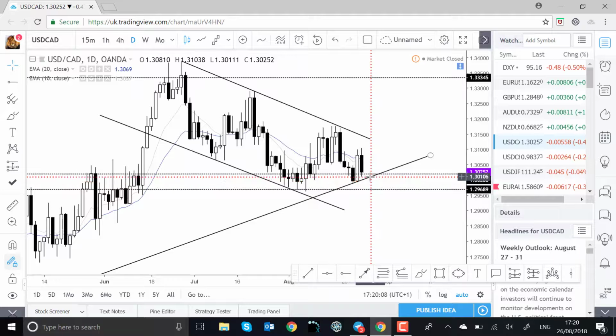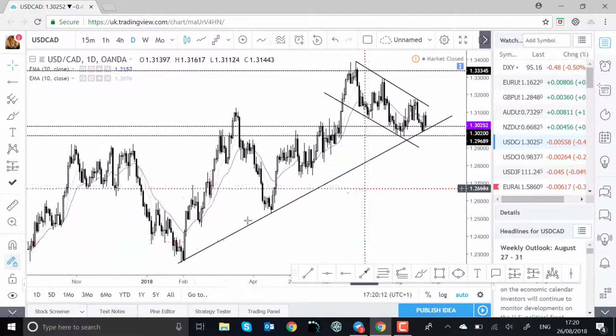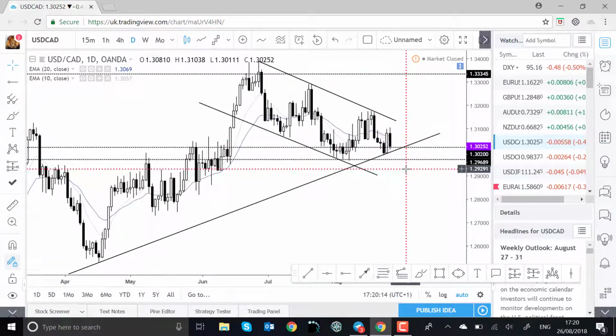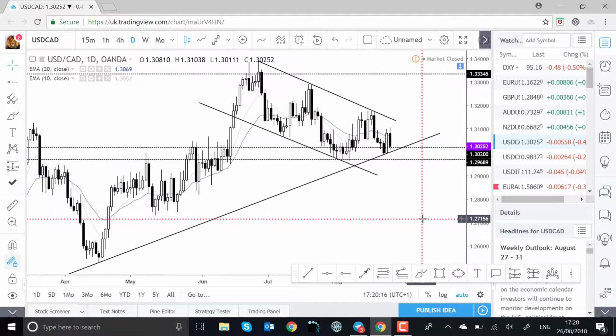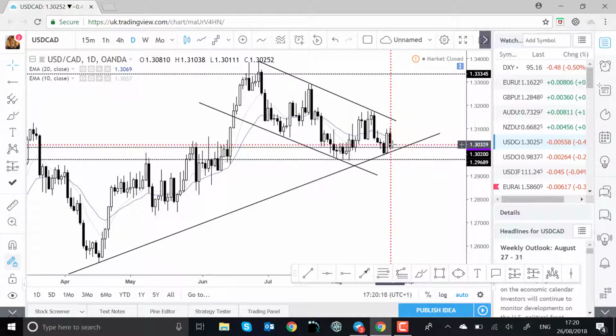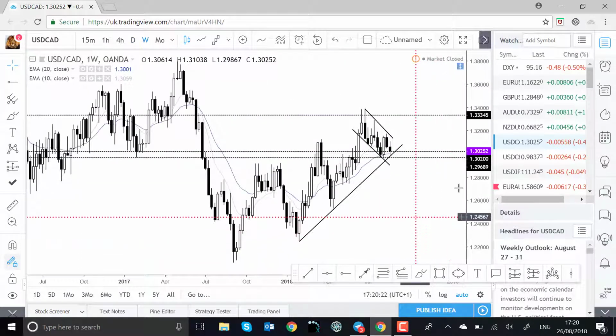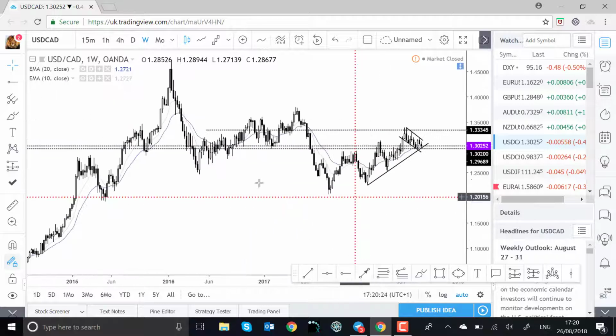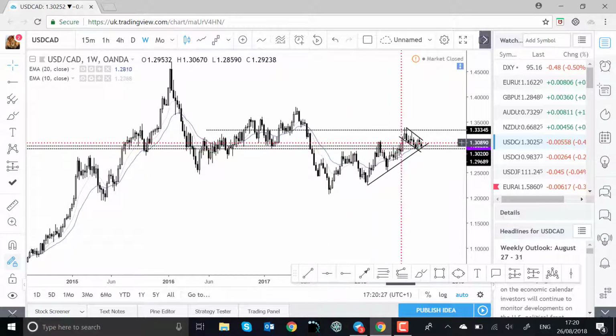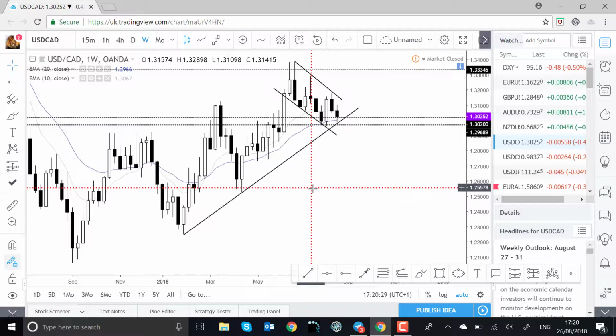Okay, so dollar CAD is sitting here as well at this big trend line support. If we do get a breakdown, then we could see some significant downside coming into this market. But at the moment, we're at this huge support level. If I just go to the weekly chart and zoom out, you can see this big support level at that 1.3 area.